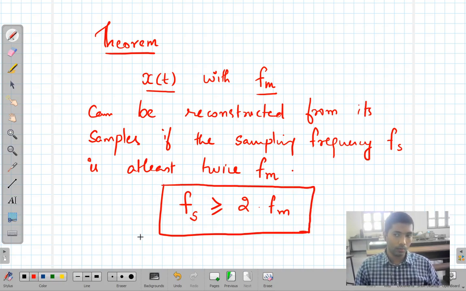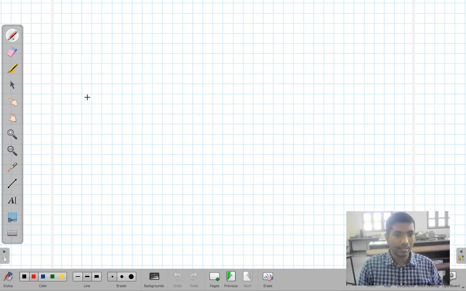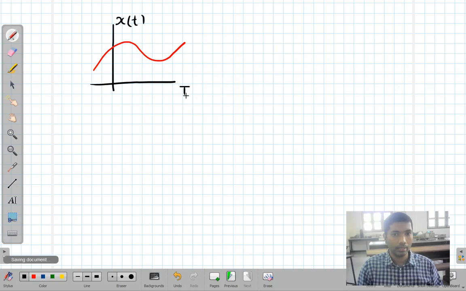We know that we can get the samples of the signal by sampling the signal at some particular sampling period, let's say capital T. I am drawing a random signal, so this is x of t with respect to small t.